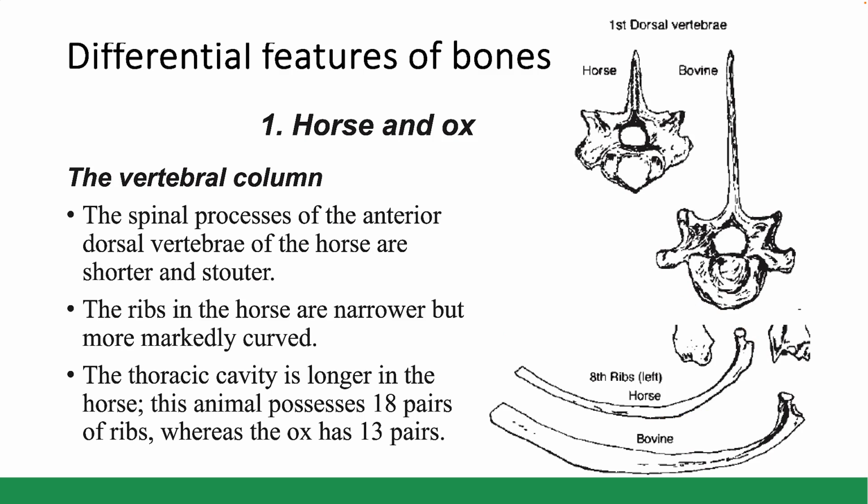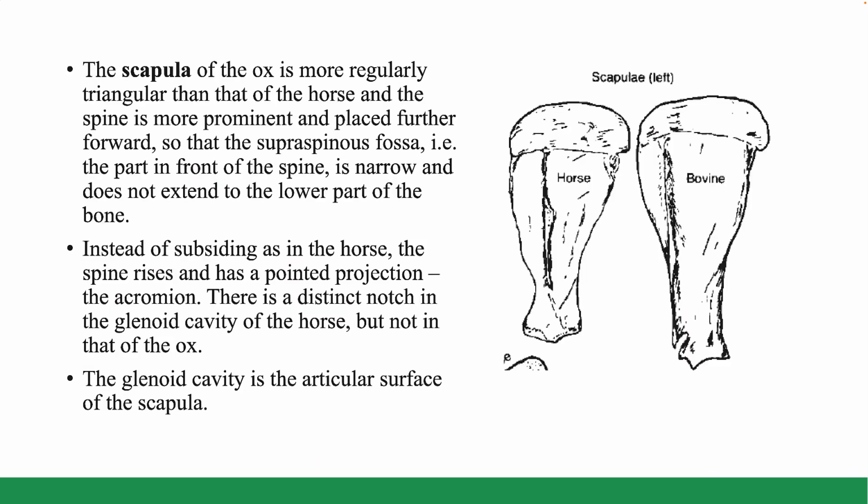And as I said earlier, in horses we have 18 pairs of ribs, while in bovine or ox we have 13 pairs. And then we have the scapula. An important thing to note is this notch here, which exists in the bovine's scapula, but doesn't exist in the horse's scapula.